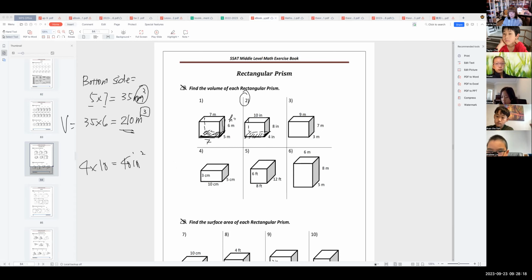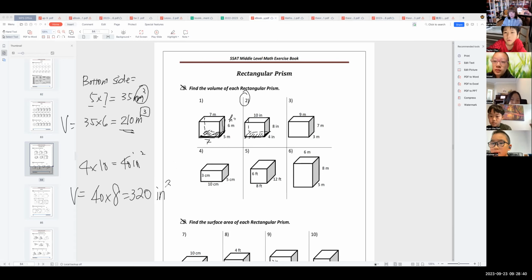So we're talking about the area. So Violet, can you tell me how to calculate the volume? 40 times 8. Equals? 320. So what is the unit? Inch cube. Very good. Cannot be just a cube.